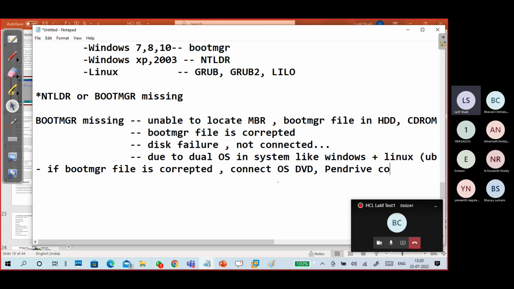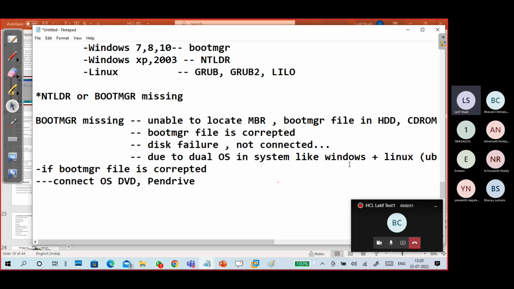If your bootable file is corrupted, connect a CD or a pen drive, an OS CD or an OS pen drive or USB kind of stuff. What to do? Repair option.